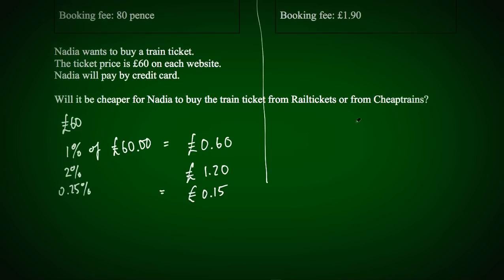So 2.25% is £1.20 plus the 15, £1.35. And she's got a booking fee of 80 pence as well. So this ends up being 60 plus £1.35 plus 80.